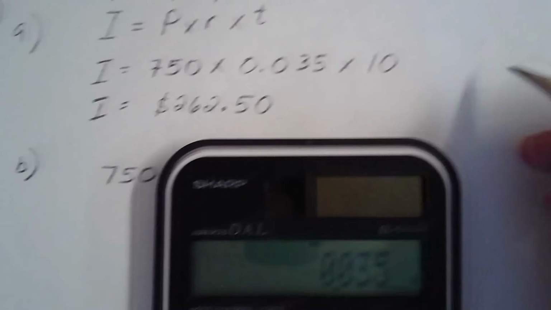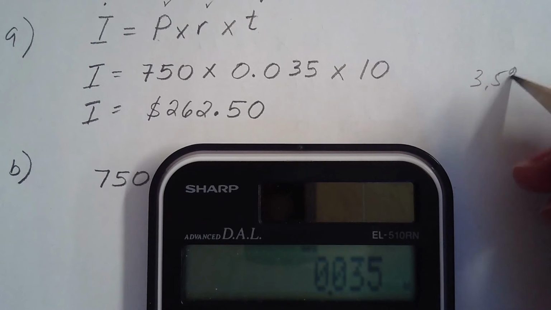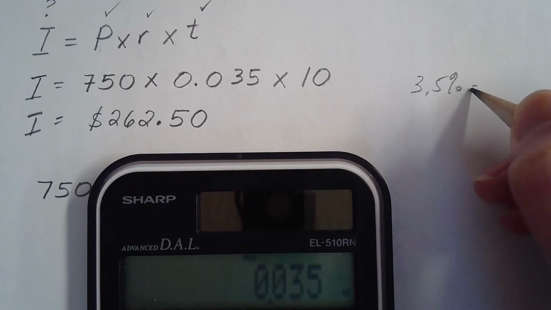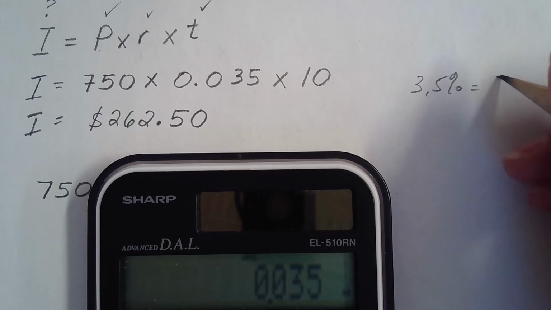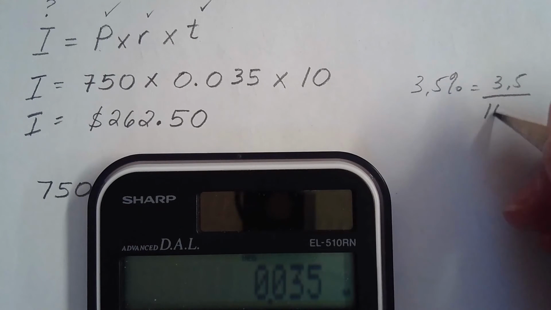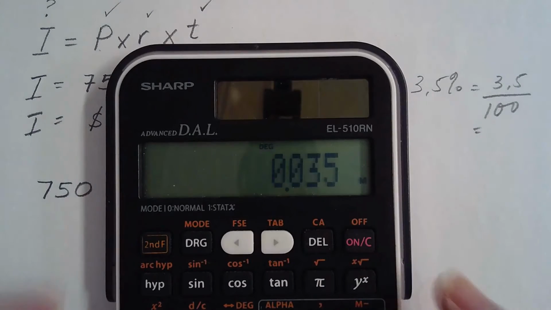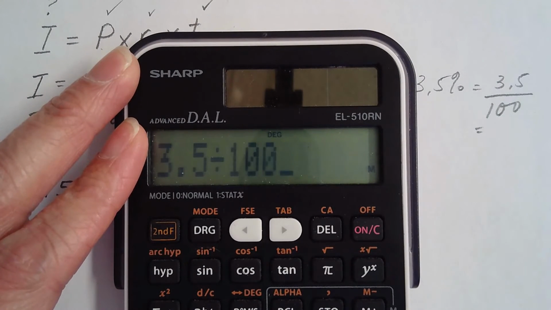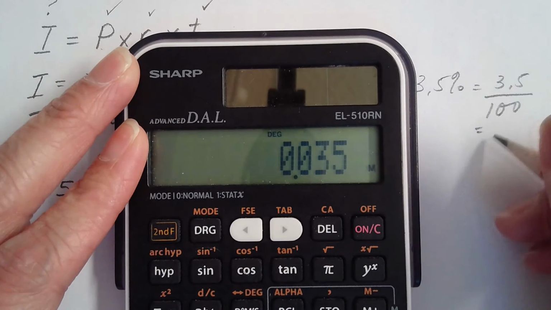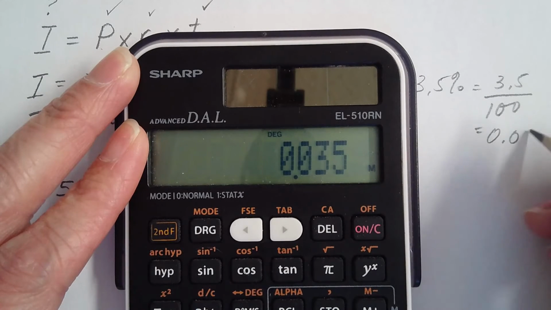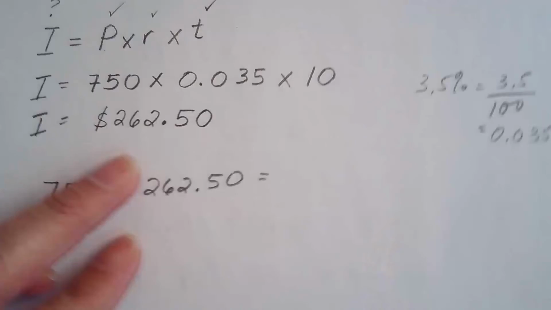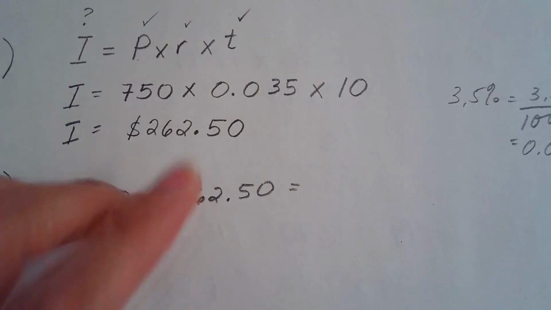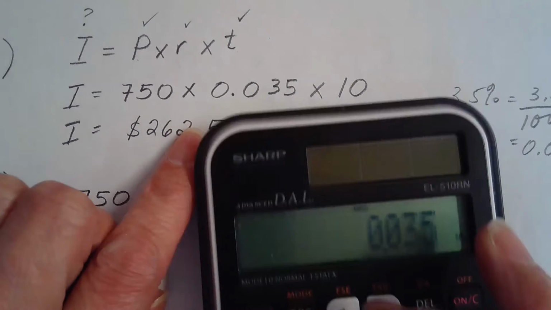So the 3.5%, we can change that into a decimal. So 3.5 divided by 100. So that's going to give us 0.035.